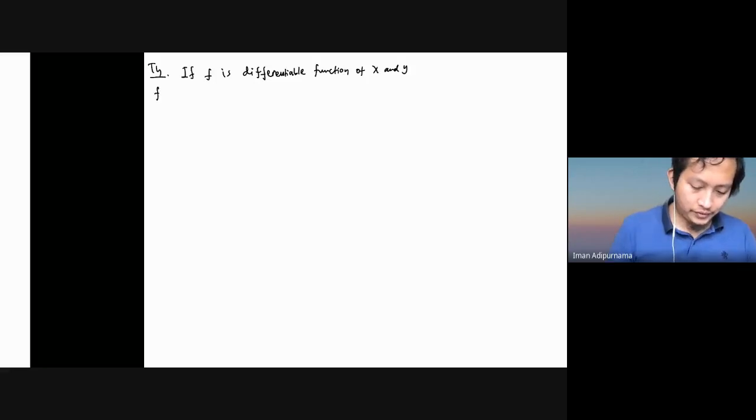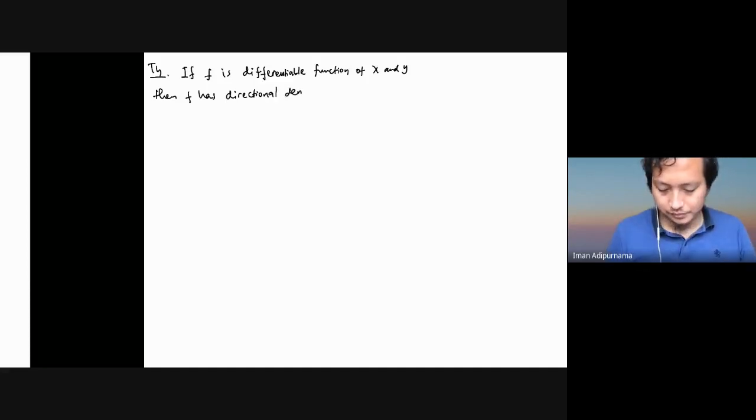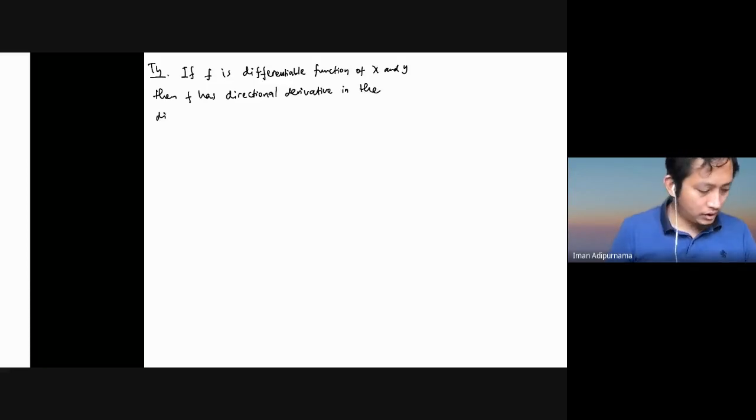The theorem is: if f is a differentiable function of x and y, then f has a directional derivative in the direction of any unit vector u.